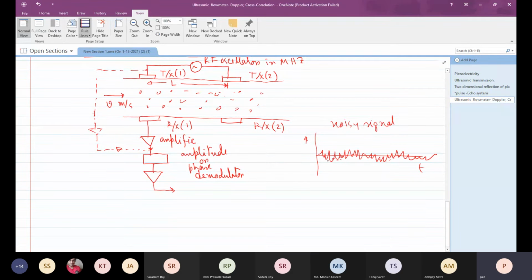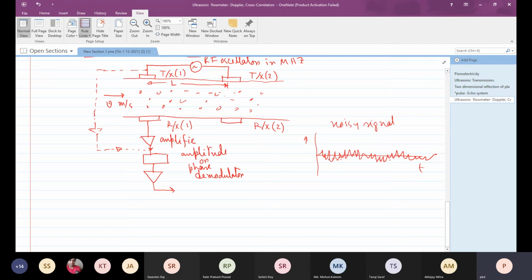And in fact, if you measure, the dominant frequency will come at this frequency, which may be some power frequency or some other kind of driver frequency which has been picked up by this circuit. There could be other vibrations also picked up, so that pipe vibration will also be reflected here.